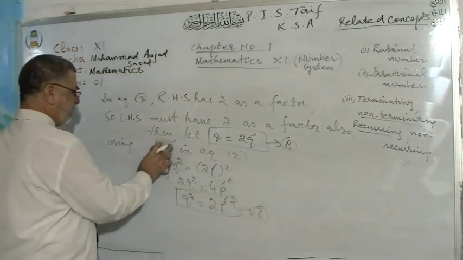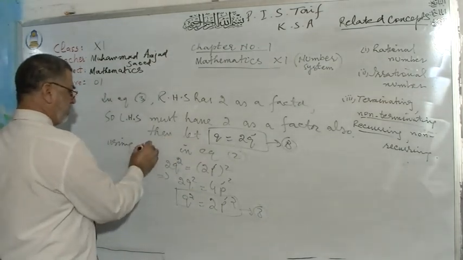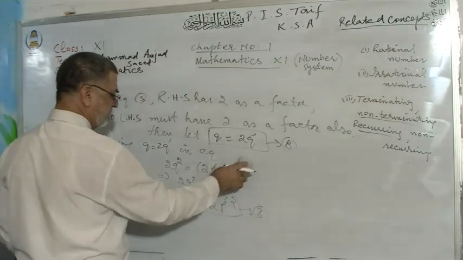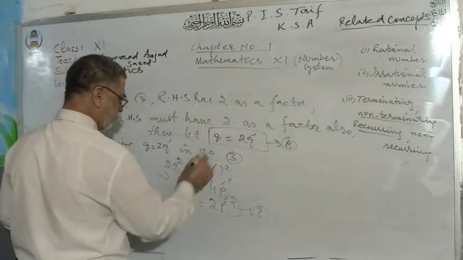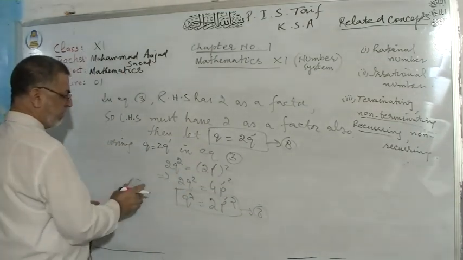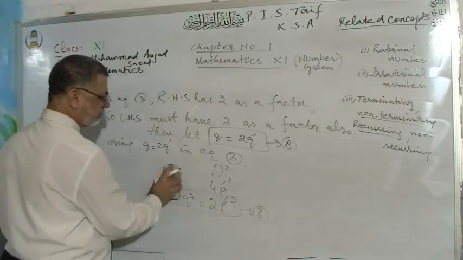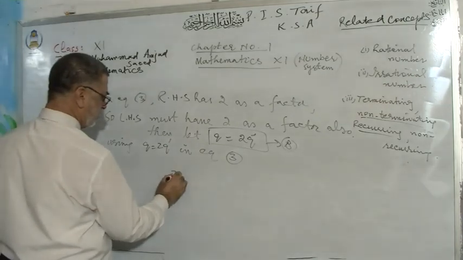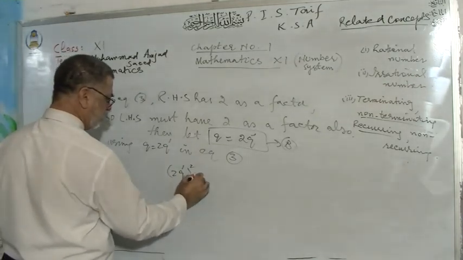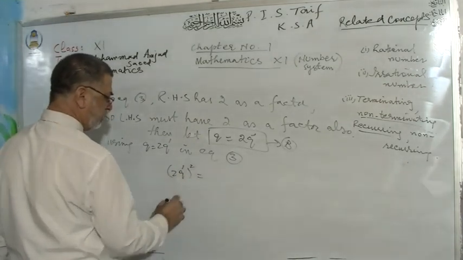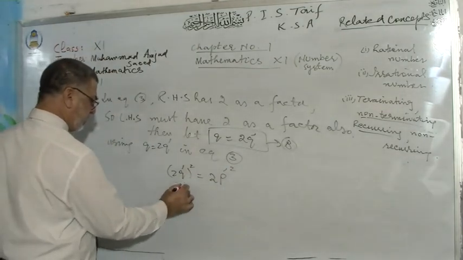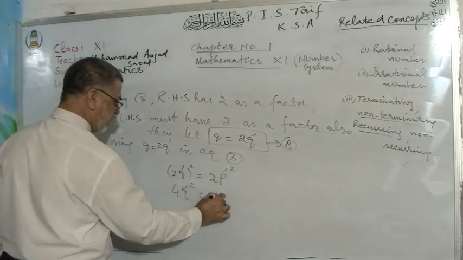So using q is equal to 2q dash in equation number 3, we have 4q dash square is equal to 2p dash square.